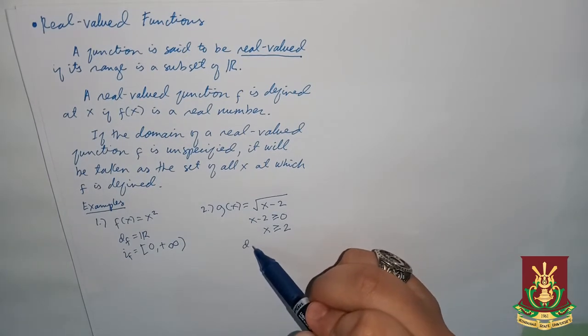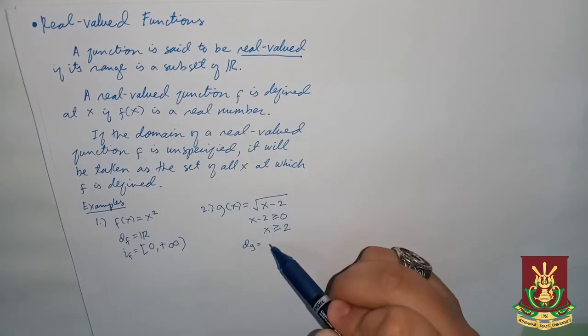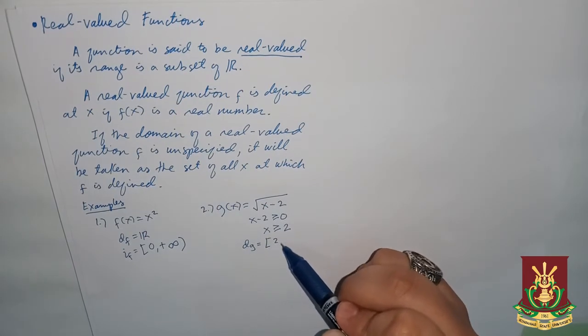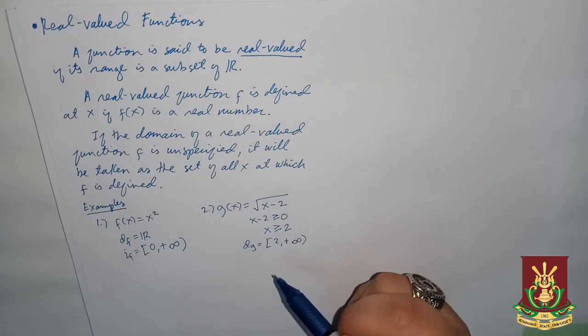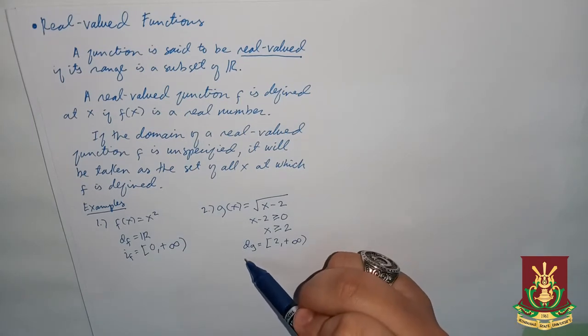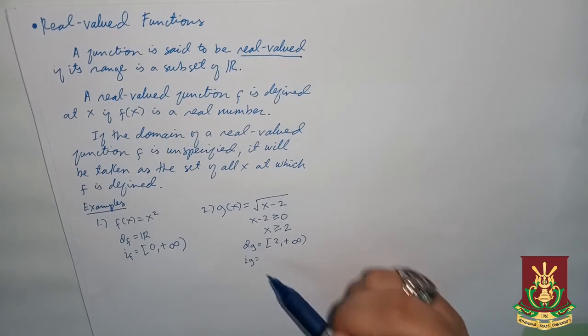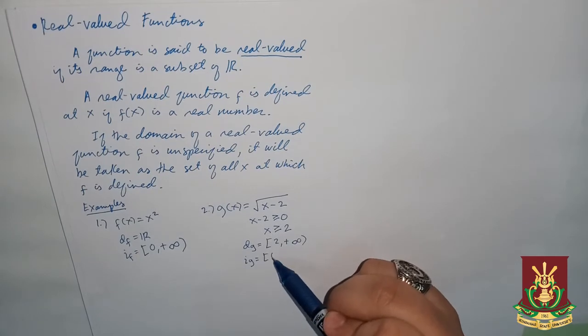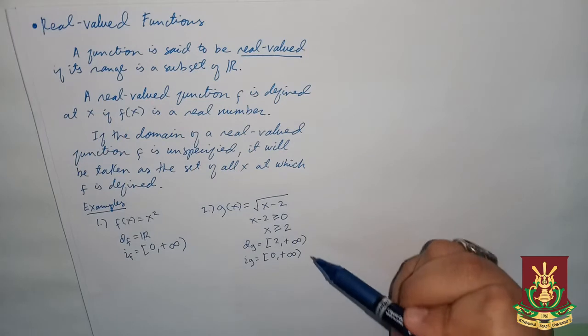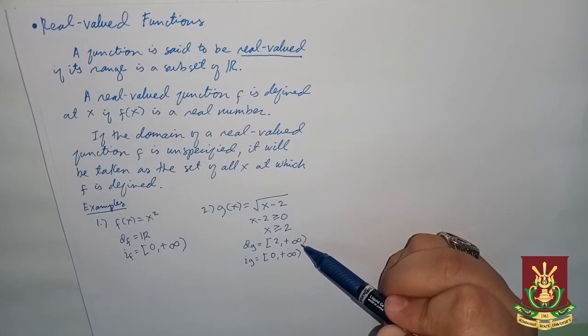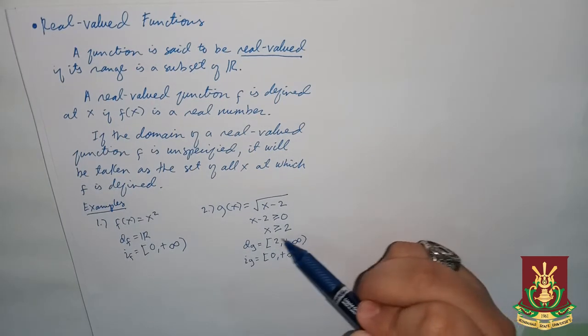Thus, the domain of g must be the interval from 2 to positive infinity. As you may already guess, the image of this function is the interval from 0 to positive infinity as seen when you substitute the values of x coming from this domain.